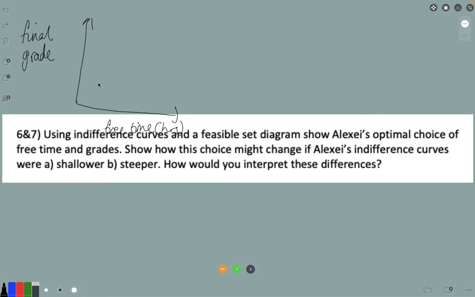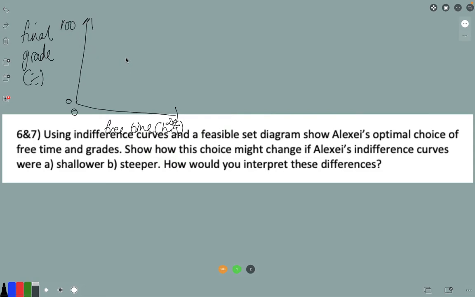So reasonably 0, 0, because the fewest free hours I can have is 0, and the lowest my final grade can become is 0, hopefully, providing there's no negative marking. Let's pretend our final grade is a percentage, out of 100. The maximum number of hours I can have is 24, so let's say I took the whole day as my free time, and the maximum grade I can get is 100.